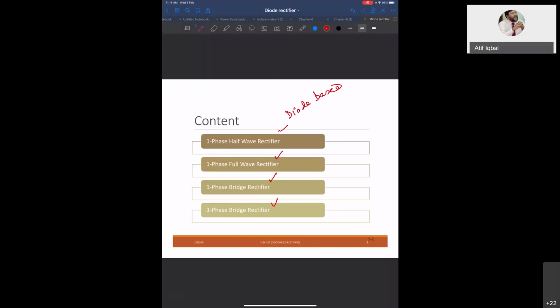I uploaded the slides, but the chapter is still not complete. I will add to this chapter, and then you will have the complete one. Until now, it's only this part that you can see in your slides: the single phase half wave rectifier.